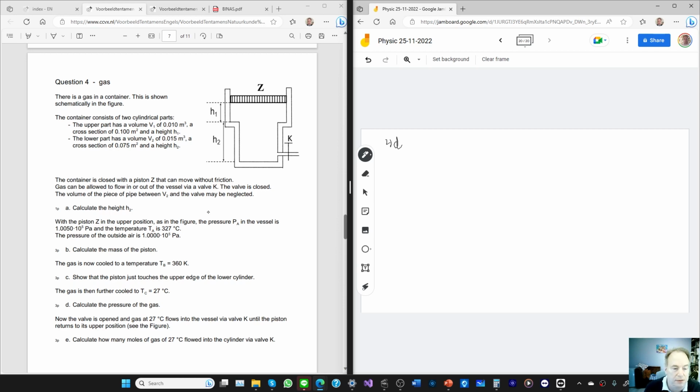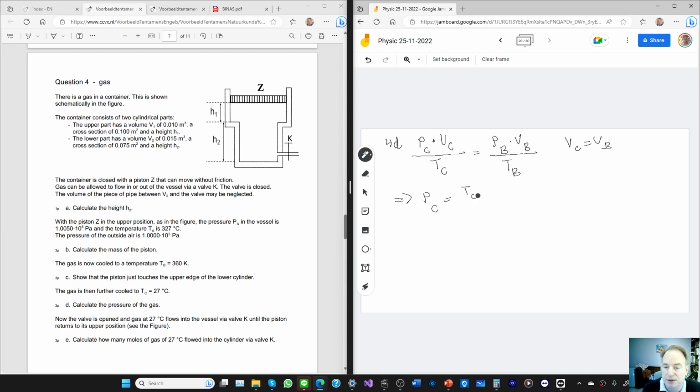Okay, so the ideal gas law then says that the pressure in state C times the volume in state C divided by the temperature in C has to be equal to the pressure in state B times the volume in state B divided by the temperature in state B. Now in this case, since the piston cannot move down any further, the volume remains constant. So I can just say VC equals VB.